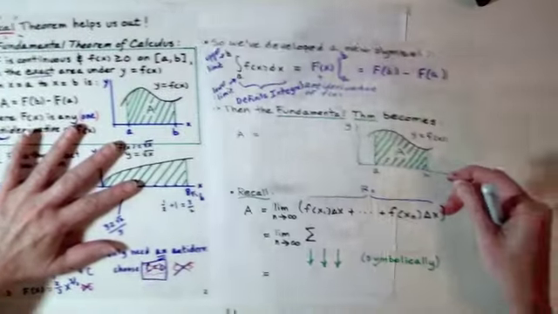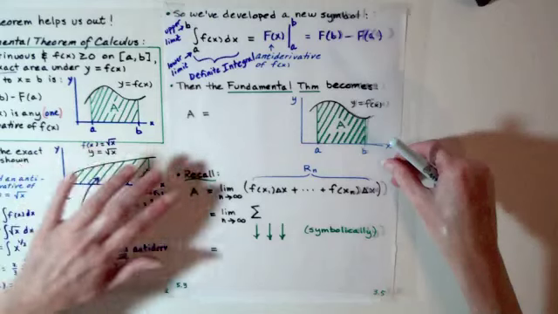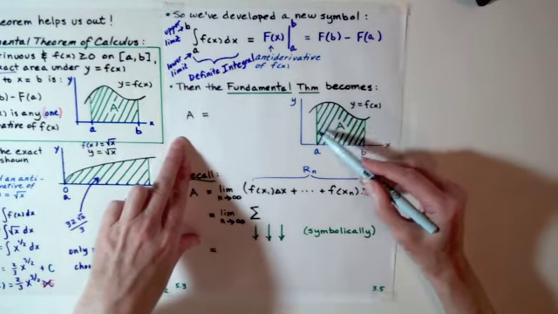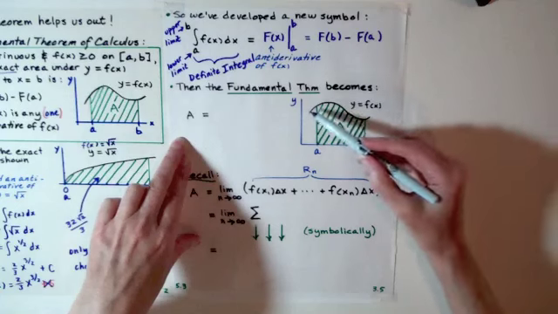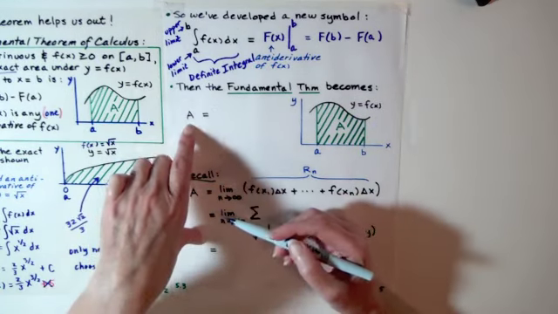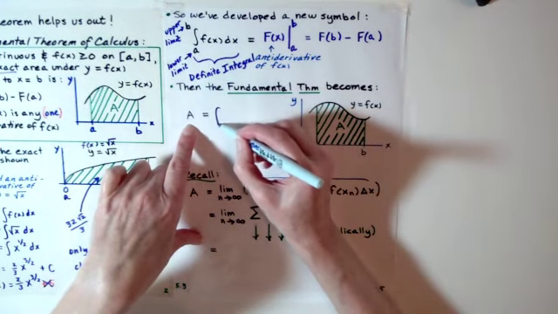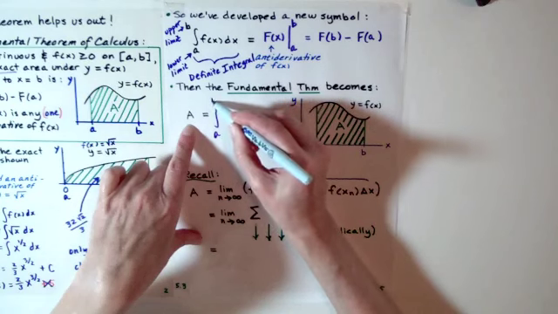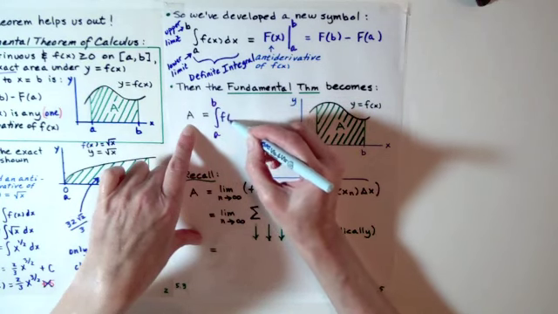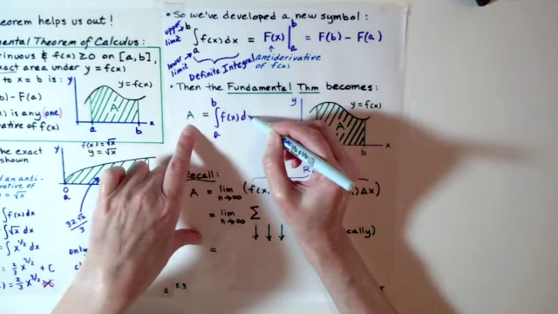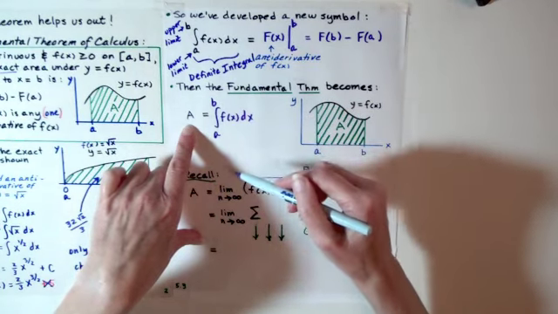I'll move this off to the left. Now I can say, well, if I want this exact area under my curve little f of x, all I have to do to get that exact area is this definite integral. It's the integral from a to b of little f of x dx. And we say it kind of all in one little statement.